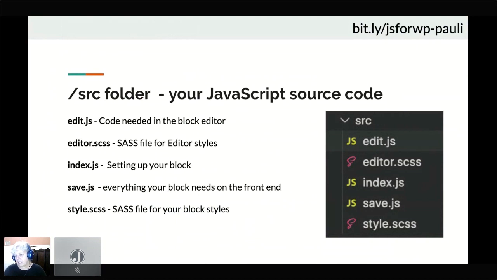The index.js is setting up your block, and then the save.js holds the rendering for the front end, and style.scss is the Sass file for the block styles. I would highly recommend that you use Sass in all your styles, because then your build process can minimize it, and you can use variables and all the other goodies from Sass.